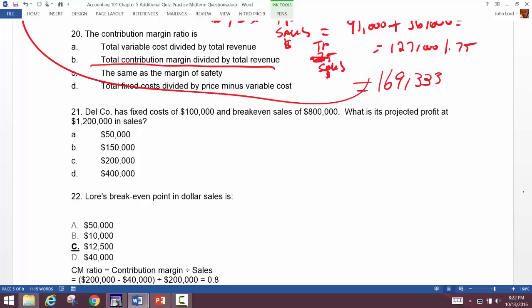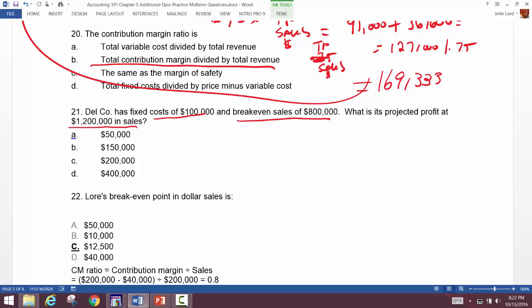You got to set it up the way I talked about, and that helps you untangle and get to the answer, right? Okay, so they tell me that they have fixed cost of 100,000. They tell me that they have break-even sales of 100,000, and they want the profit if I have sales of 1.2. Now you have a problem here in that they didn't give you all the tools, it doesn't appear up front, to get the contribution margin ratio. So how in the heck can you solve this?